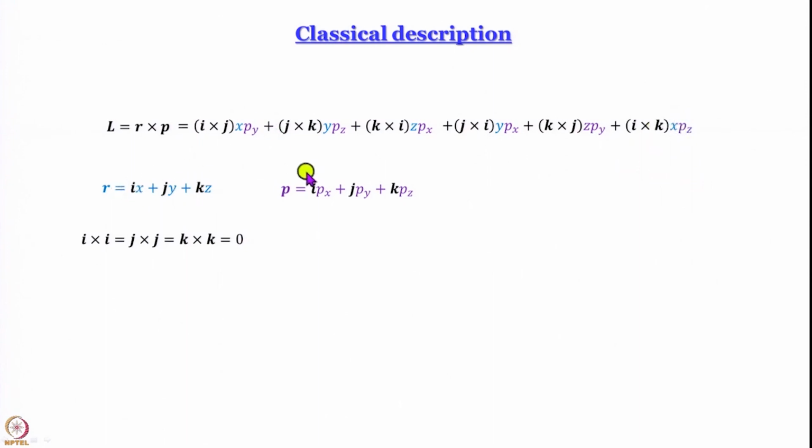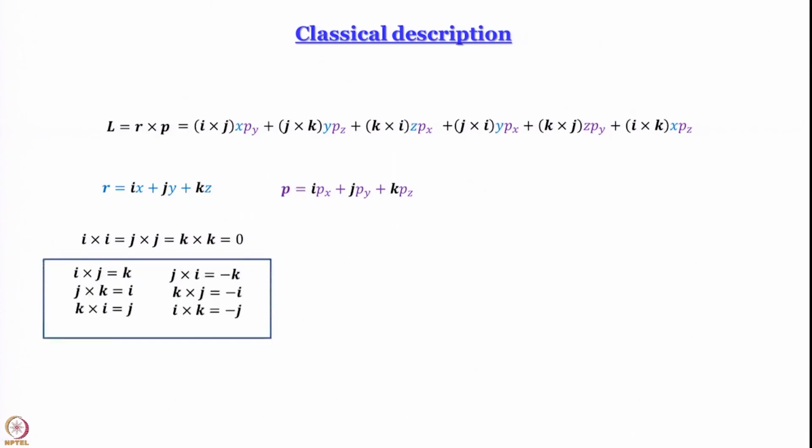Now, we need to know what is i cross j, what is j cross k, so on and so forth, and that is also very well known. These are unit vectors, remember. Unit vector means magnitude is 1 and i, j, k are perpendicular to each other. So, when you take cross products of say i and j, you get the third one, i cross j is k, j cross k is i, k cross i is j. When you take them in the correct cyclic order.